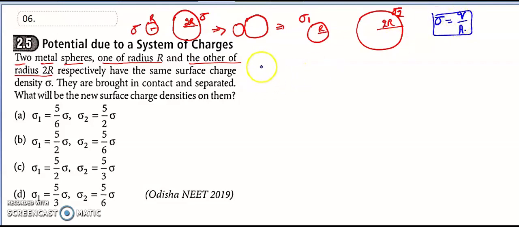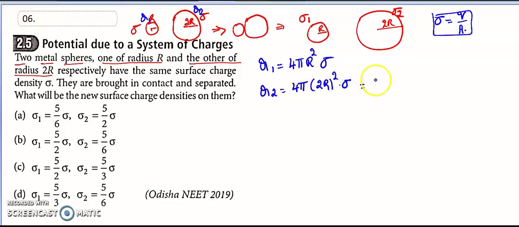The charge of the first sphere is q1 and the second is q2. q1 is equal to surface charge density times surface area, that is 4πr² σ. q2 is equal to 4π(2r)² σ, which is equal to 4 × 4πr² σ.